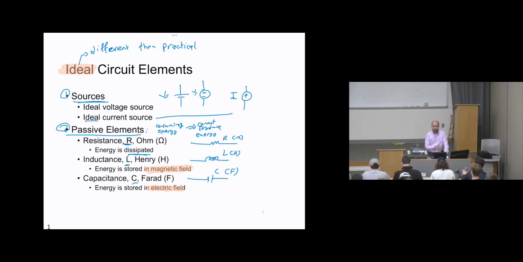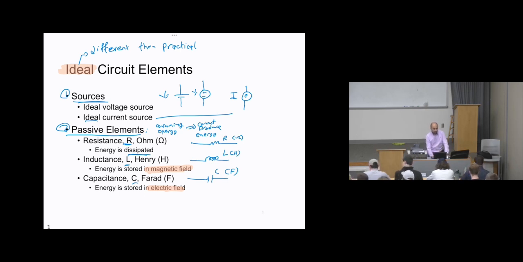Sources are used to generate power, like a current source or voltage source. A current source provides constant current. A voltage source provides constant voltage. Then we have passive elements. The word passive means these elements cannot produce power, or in other words, only consume power.